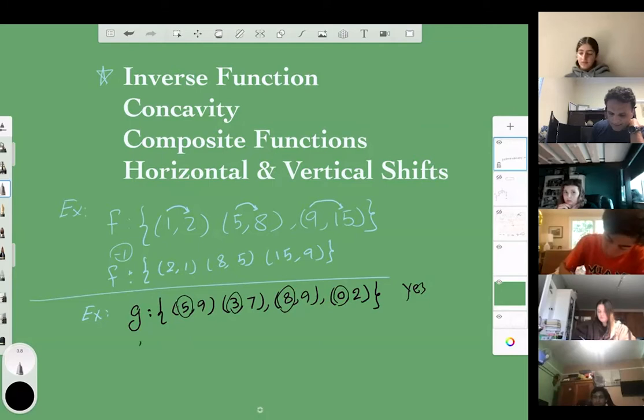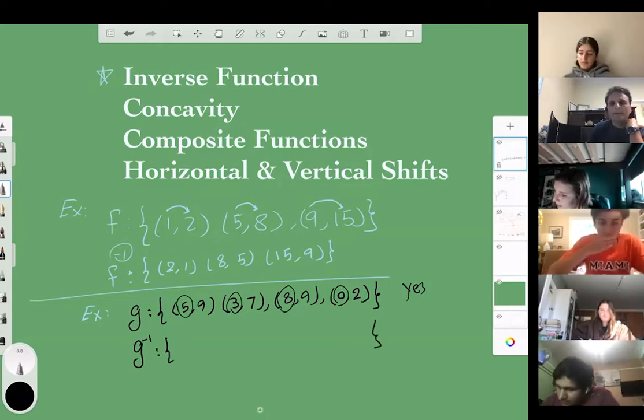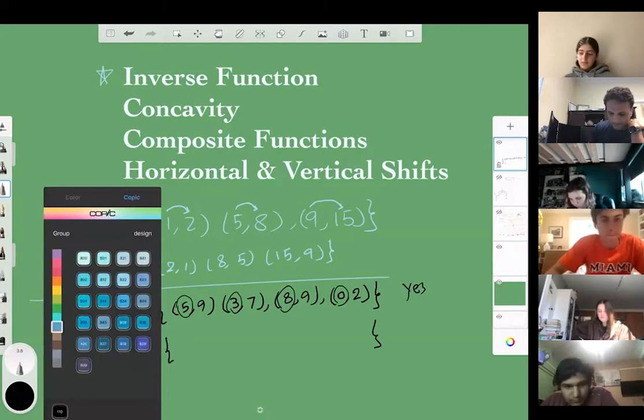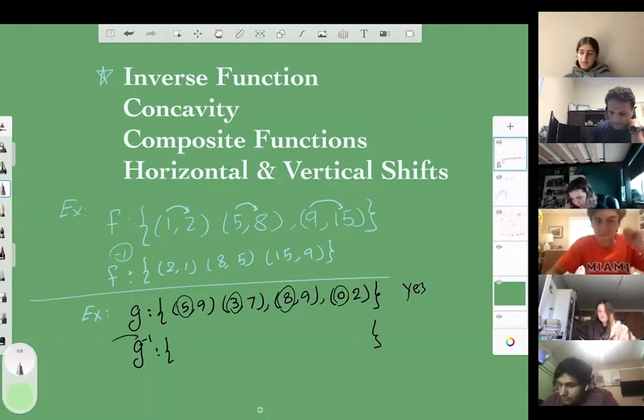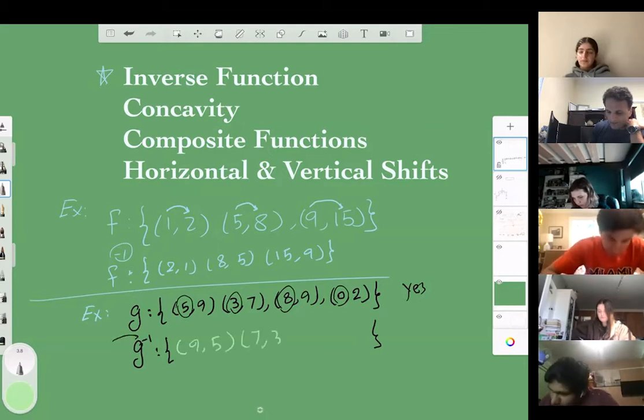My question is, what is G inverse of this function? For G inverse, we're going to switch. It will be (9, 5), (7, 3), (9, 8), and (2, 0).